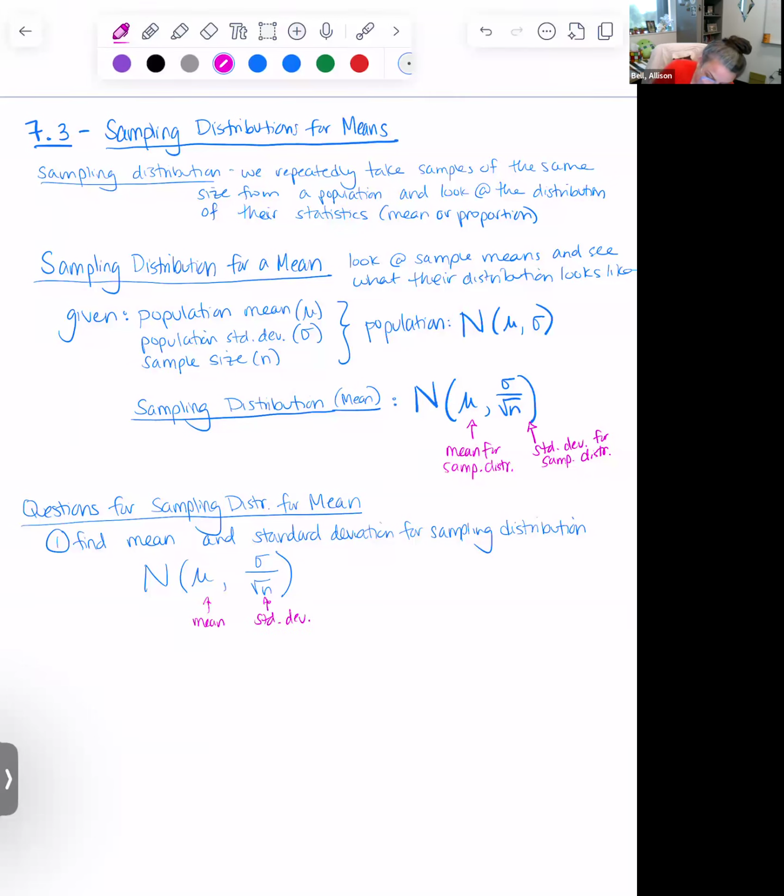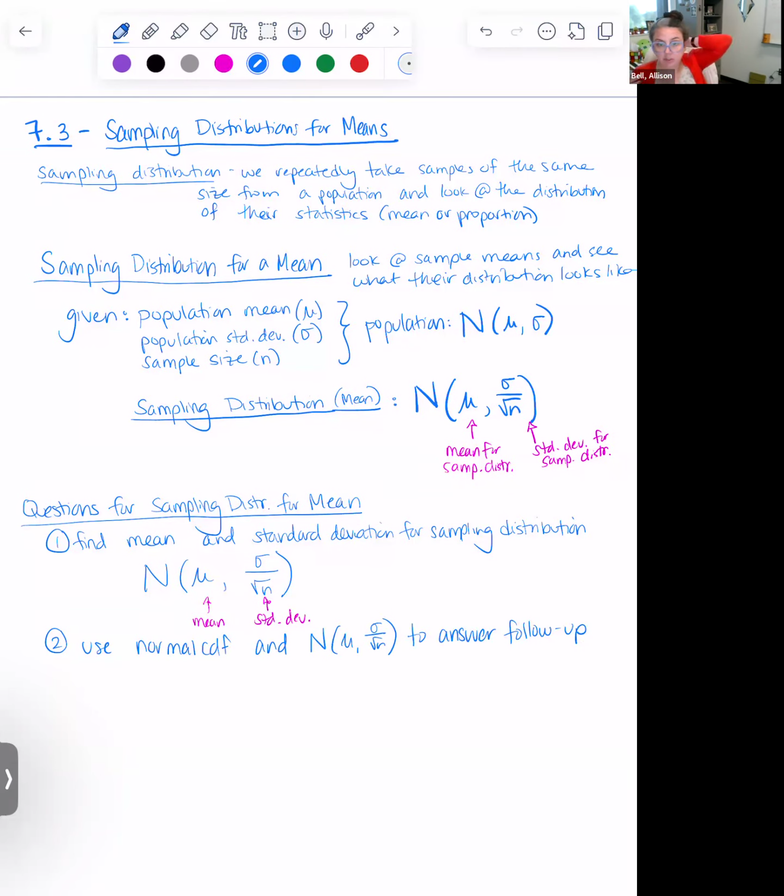That's step one. Step two is to use normal CDF and the sampling distribution to answer the follow-up question.